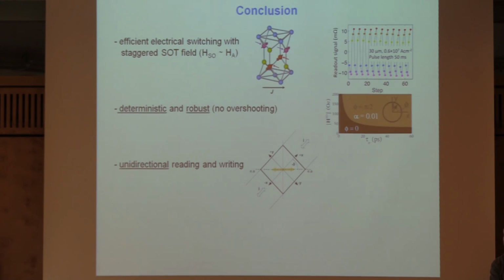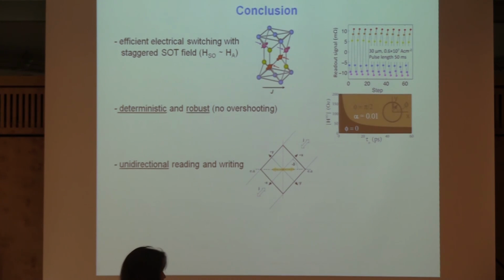Or alternatively, if you just keep one current direction, for one L vector it would go clockwise, and for the reversed L vector it would go anti-clockwise. So in one case it would move towards your bar, you would reduce, in the other case you would increase. And this is something we are actually measuring at the moment. There are some first results, but I can't show it at the moment because it's not totally complete, but it's possible. This is a detection of 180 degree rotation.